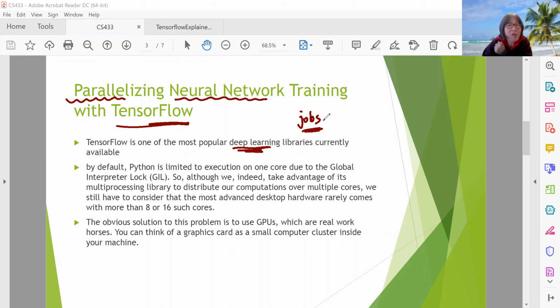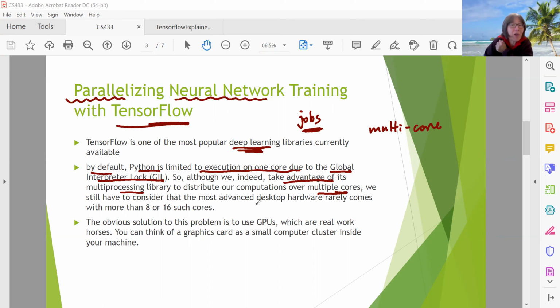That jobs parameter can support multi-core processing. But here it says by default, Python is limited to execute only on one core, due to this global interpreter lock issue. Even so, we can still take advantage of the multiprocessing library within multiple cores.